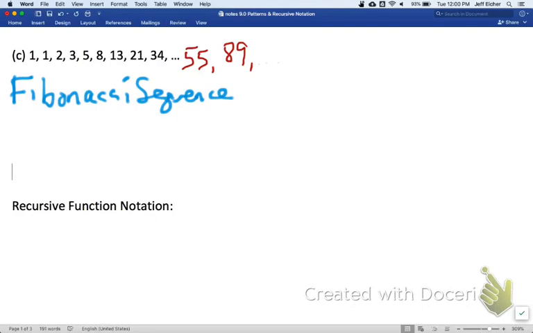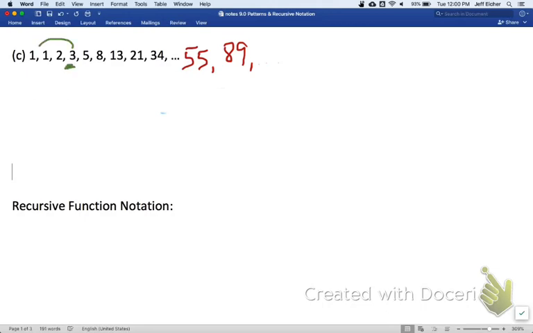But what is the pattern? Well, the pattern, if you didn't figure that out, the pattern is you take the two terms, so like this 3 right here, you take the two terms before it, this 1 and this 2, and you add them to get 3. This 21, you take the two terms before it, you add them, and you get 21.